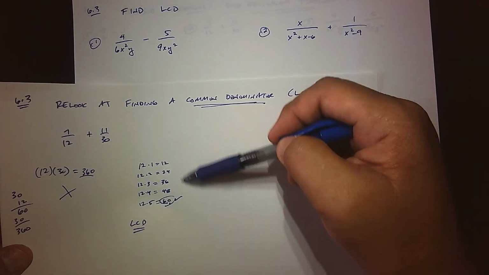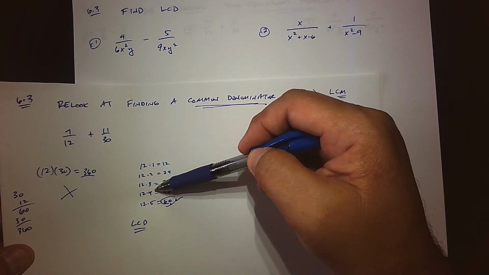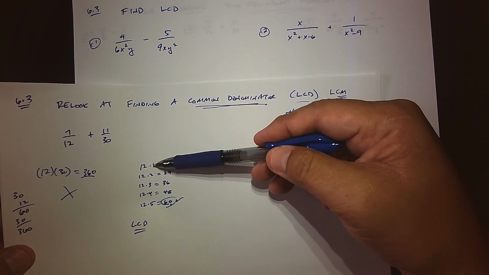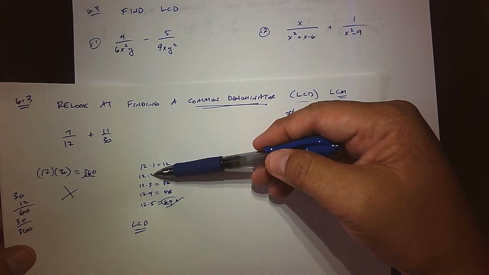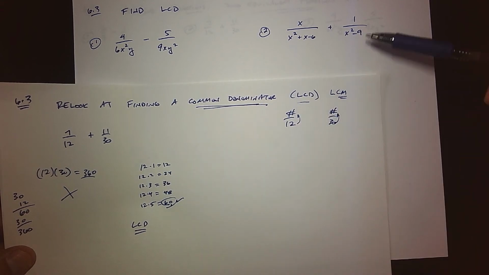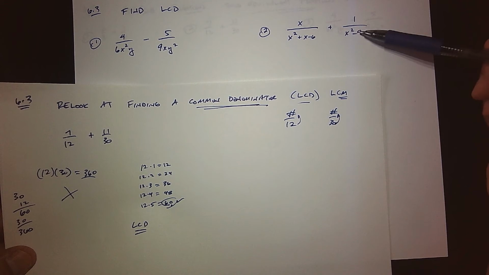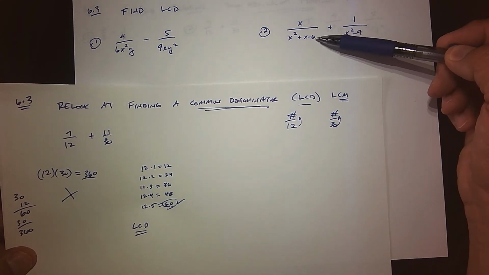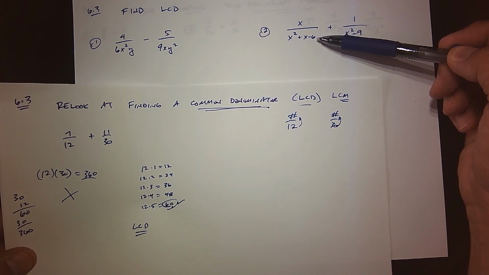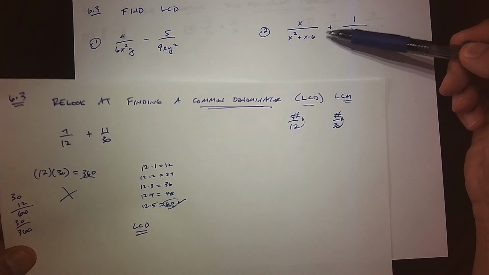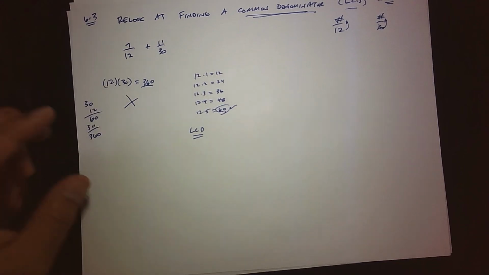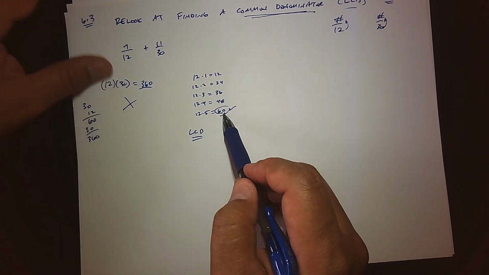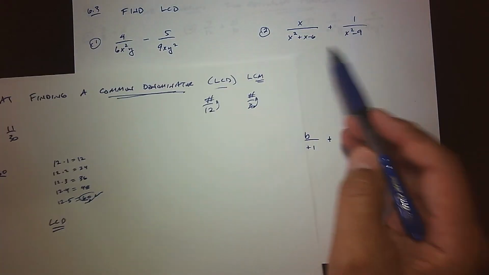This trick only works if I have nice, neat numbers to work with, because I know what it means to multiply 12 by 1, 2 and 3. But what do I multiply x squared minus 9 by to find the same common denominator as x squared plus x minus 6? It's impossible. So let's go back and figure out if there's a way that we can still find that the LCD is 60, but with a method that will help me find the LCD for these guys.